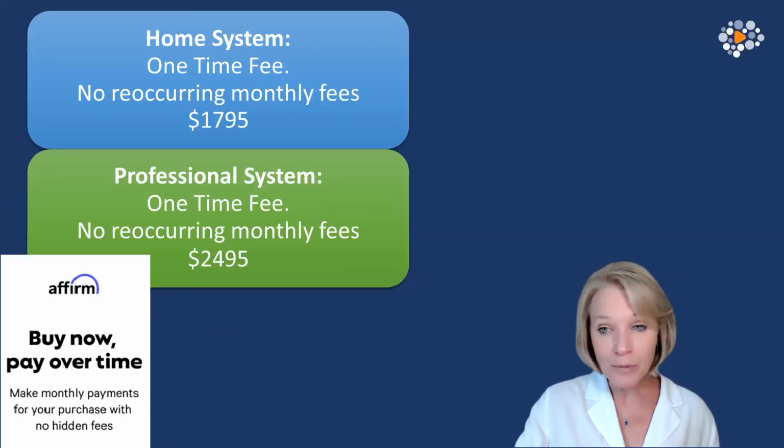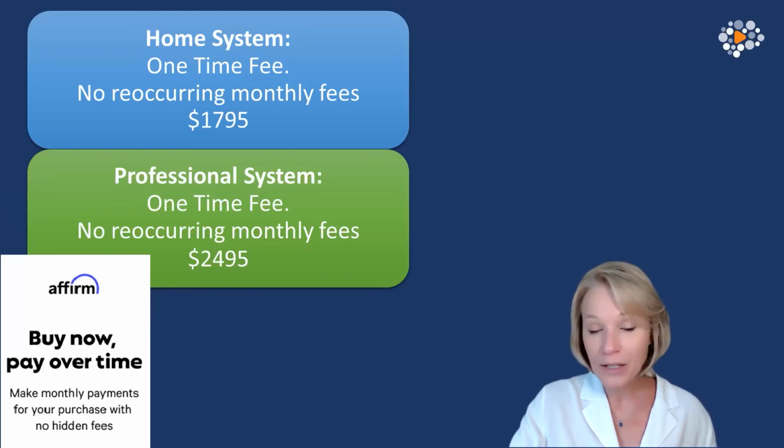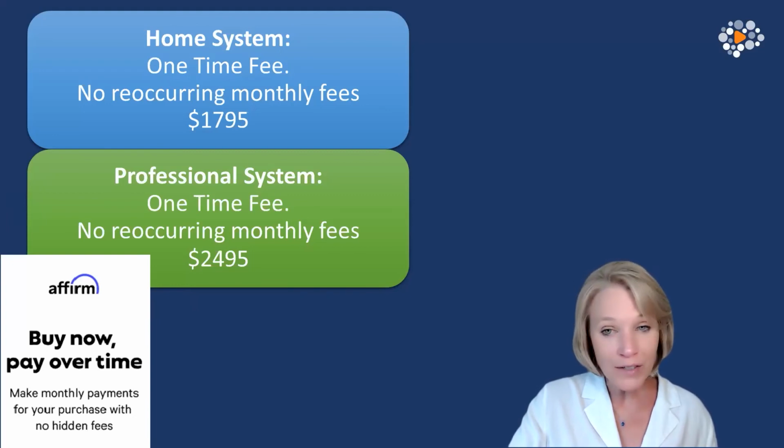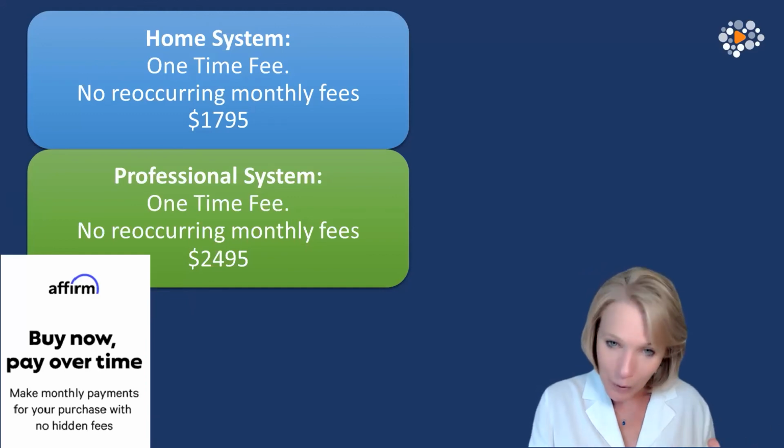These 2 different options, the home system, again, is a one-time fee, and it is $1,795. The professional system is a one-time fee, which is $2,495. And that's not per person, that's per system.